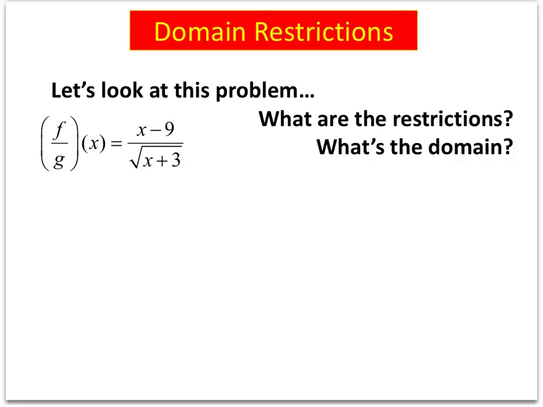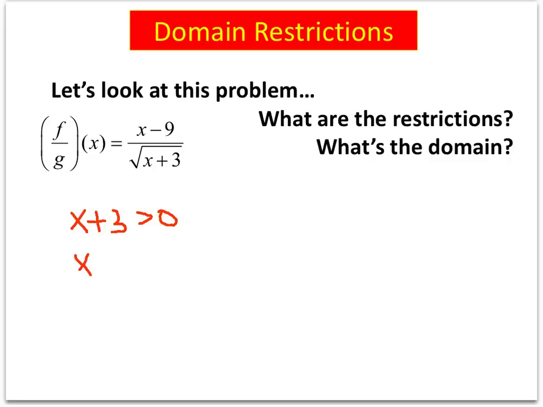Alright, so let's look at this problem. Well, what are the restrictions on the domain here? Well, remember, first of all, the denominator is not allowed to be 0, and we have a radical. So remember, with a radical, we can't have anything less than 0. I can't have a negative number. So I'm really looking at x plus 3. Now, it's not allowed to be equal to 0, and it has to be bigger than 0. So I'm going to put x plus 3 has to be greater than 0.